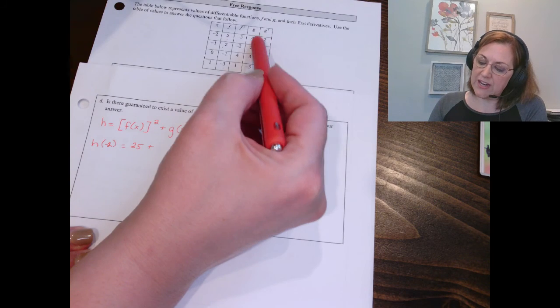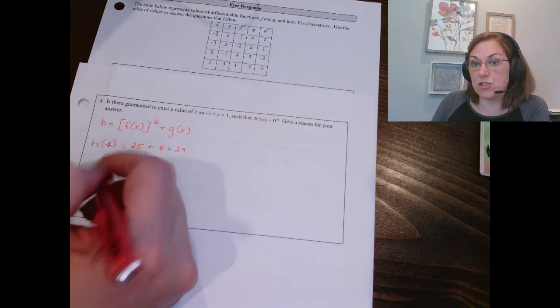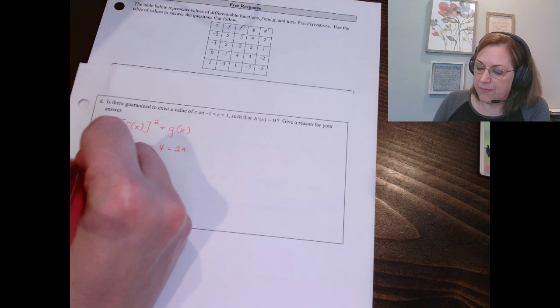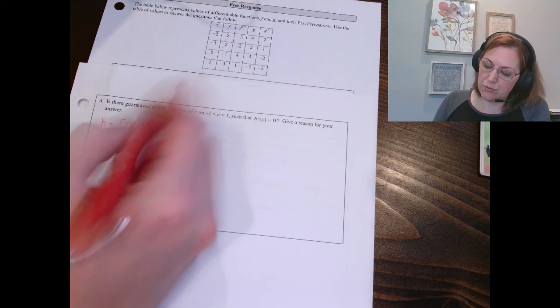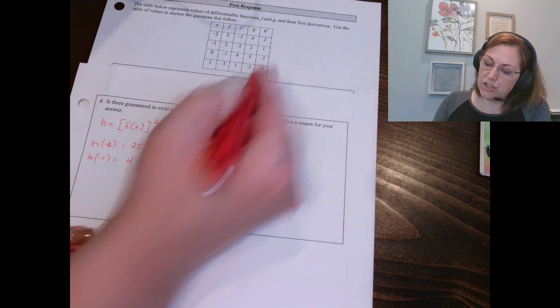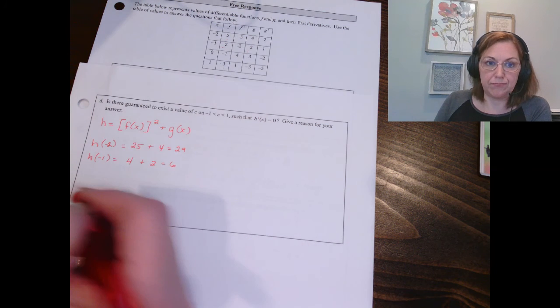And then g of -2 is 4. That gives me 29. All I need is two that have the same y value. Let's do h of -1. f of -1 is 2, 2 squared is 4, g of -1 is 2, so I get 6.